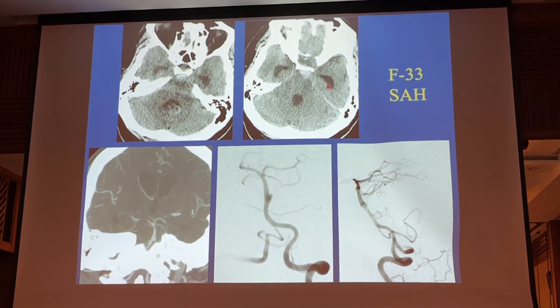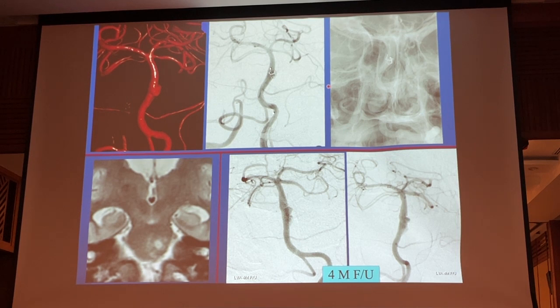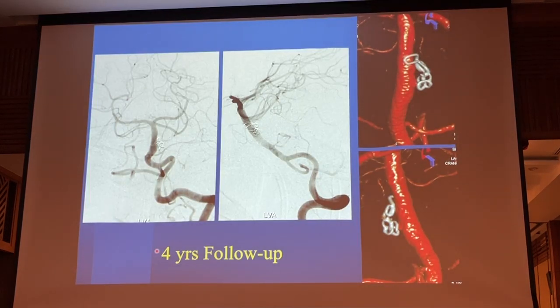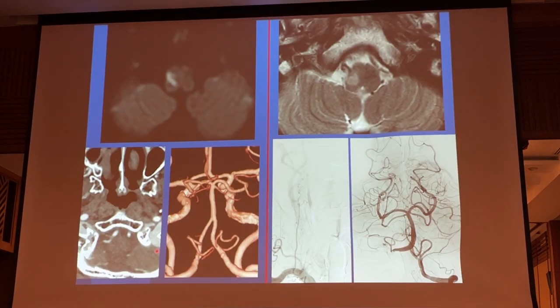Okay, this patient did have a subarachnoid hemorrhage from dissection of the basilar artery. This was treated with a stent and coil placement and partially treated, and the patient developed a little brainstem infarct, and the follow-up angiogram shows complete healing of the dissection as well.